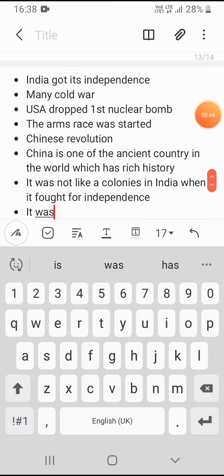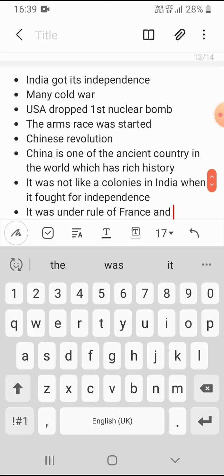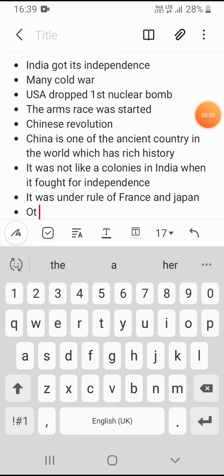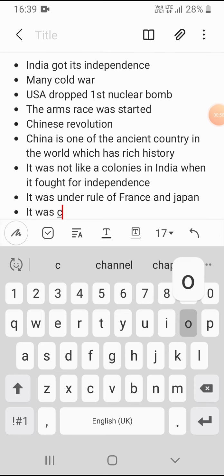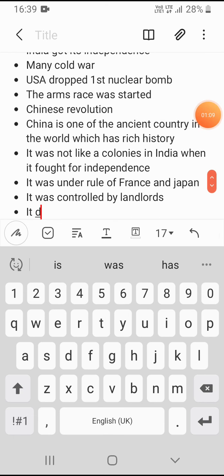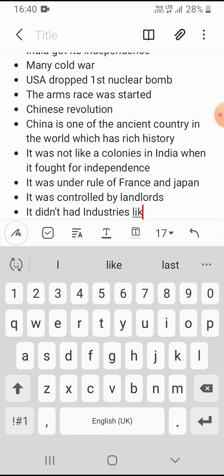It was under the rule of France and Japan. It was controlled by landlords. It did not have industries like India.